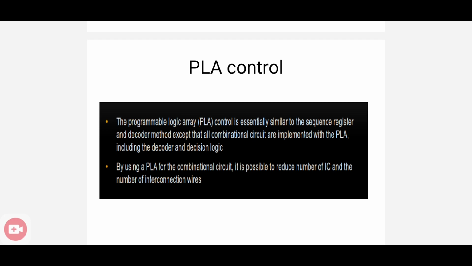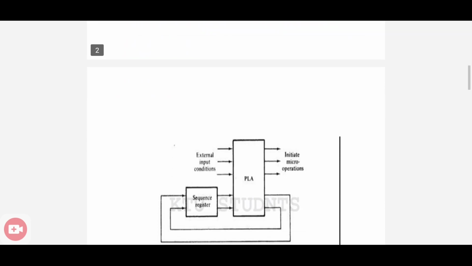That is the main advantage of PLA control. So the PLA control logic is a programmable logic array control unit, implemented with PLA, including the decoder and decision logic. The main advantage is that it reduces the number of integrated circuits as well as the number of interconnection wires.